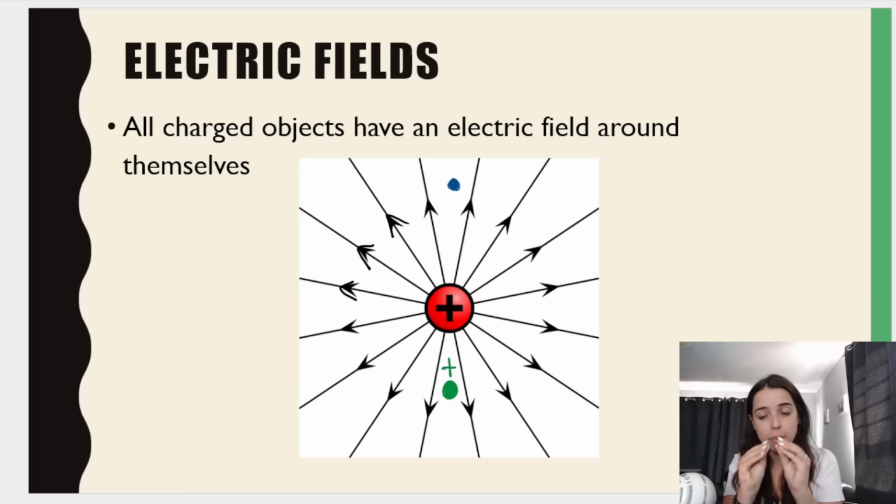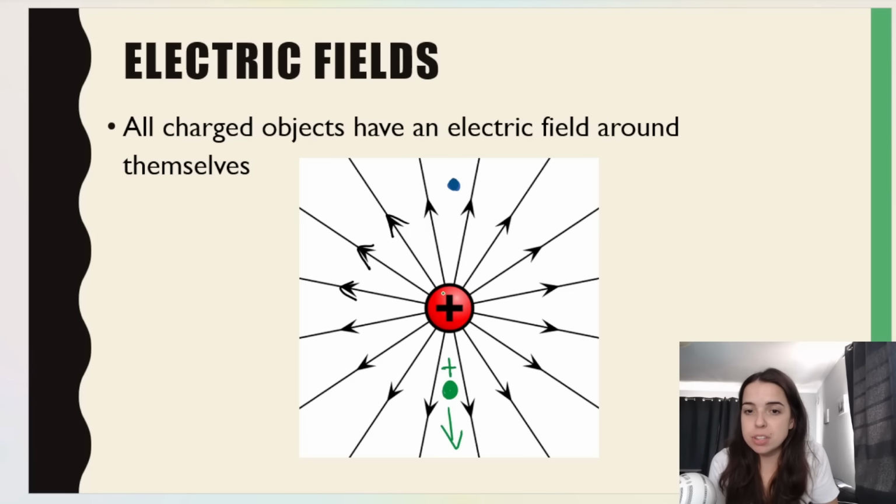So if it's a positive and a positive, they will repel. If it is a positive and a negative, they will attract. So like charges, if they're both positive, they will repel. So this green test charge, we call it a test charge, will want to move away from this red one because like charges repel.